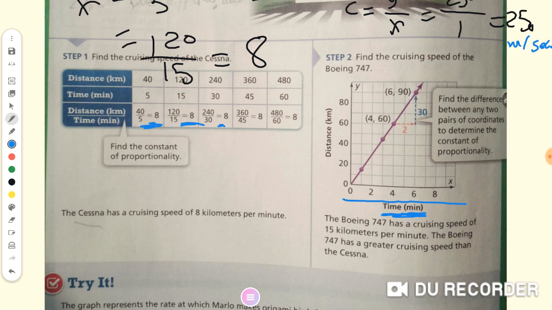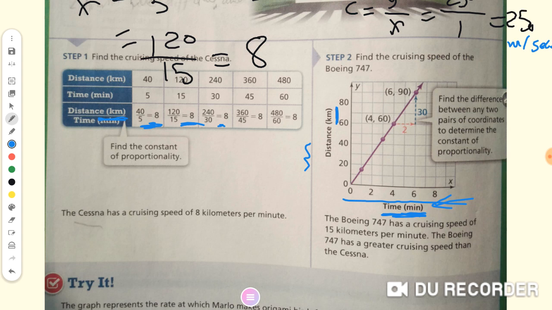It's not easy to compare them. So we convert the time from seconds to minutes first, then we convert the distance from meters to kilometers.